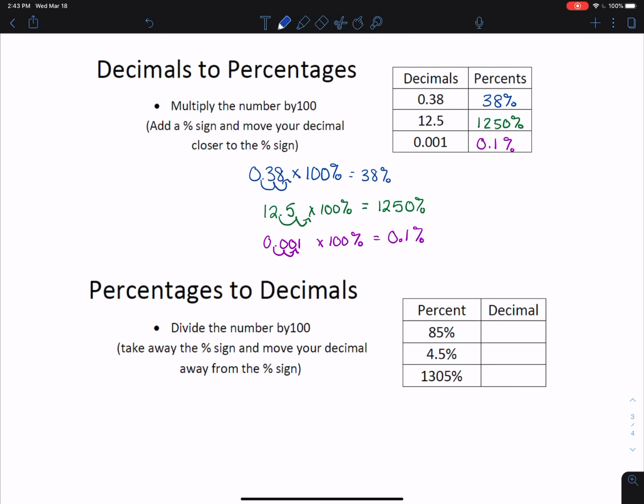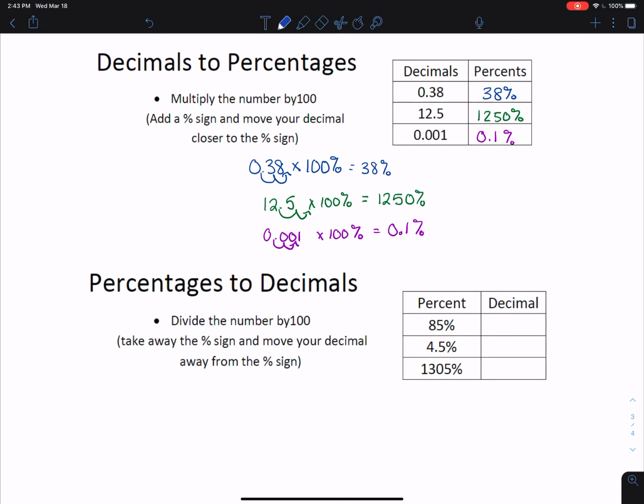If we're trying to go in the other direction, go from a percentage to a decimal, I'm going to divide the number by 100%. So if I have 85%, I divide by 100%. The percents cancel out to just give me a decimal, and when I do that division, it gives me 0.85.